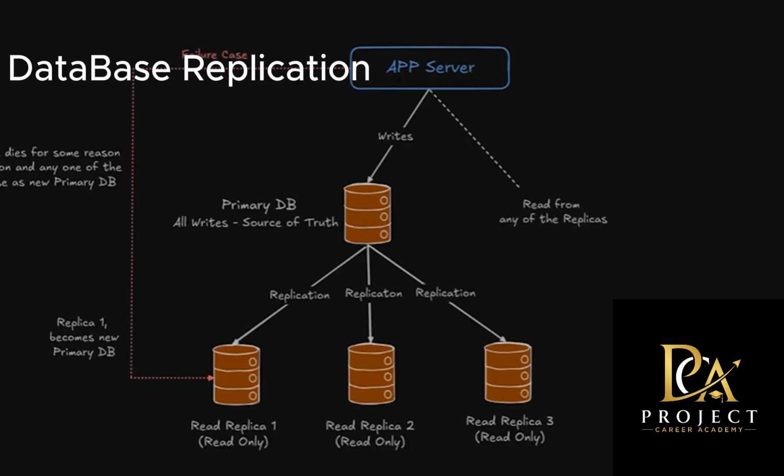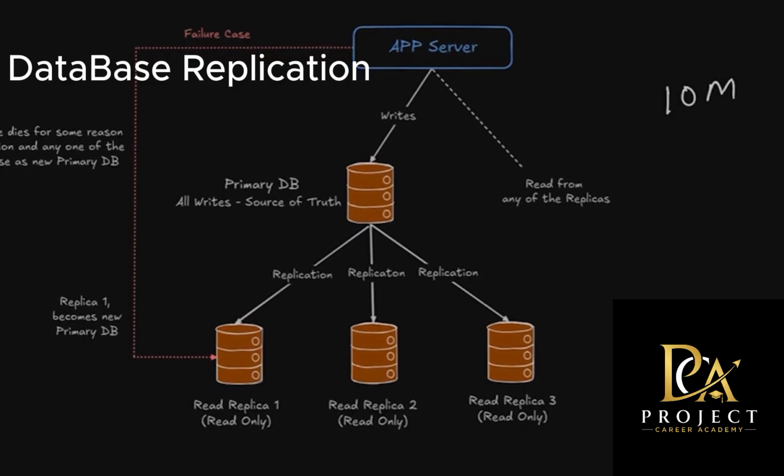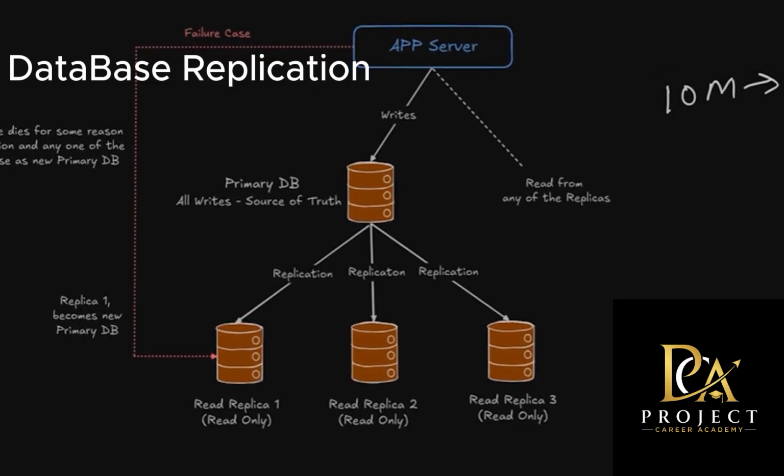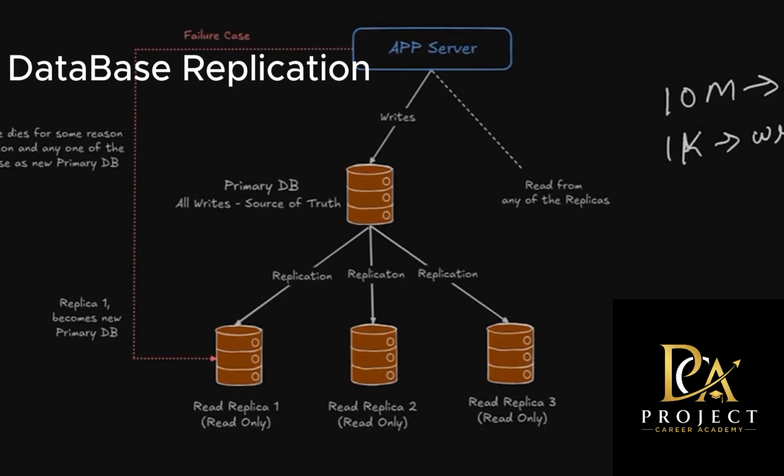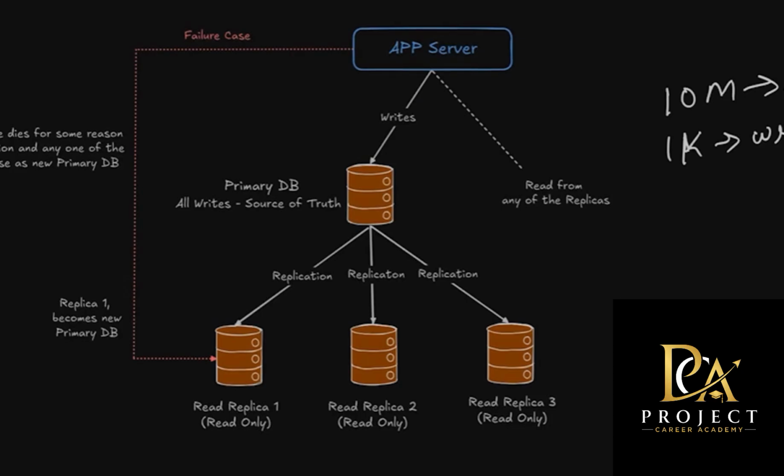Imagine we have 10 million read requests and 1,000 write requests. If every read and write hits the same database server, it will quickly become overloaded. The challenge is that most applications receive far more reads than writes. So instead of scaling the entire database, we can separate the read and write responsibilities. We introduce database replication.